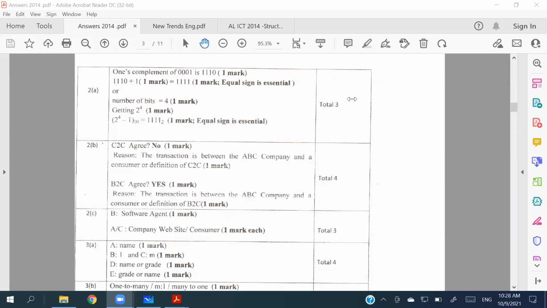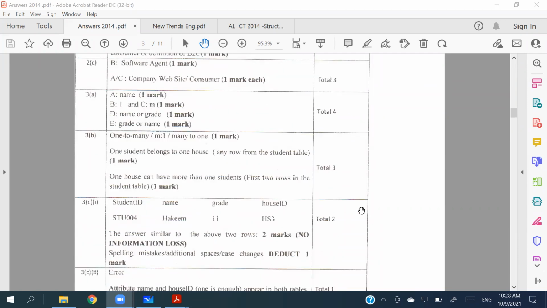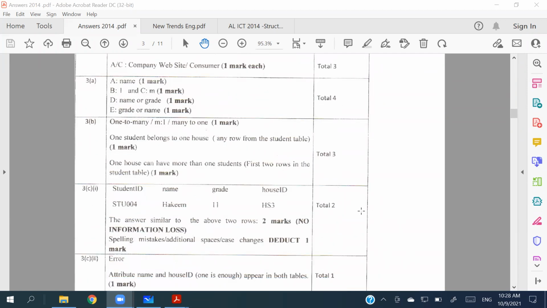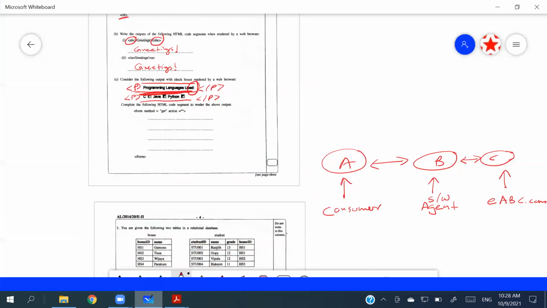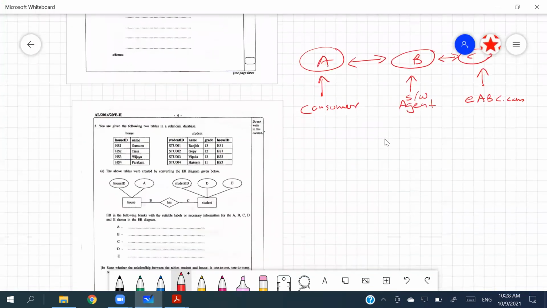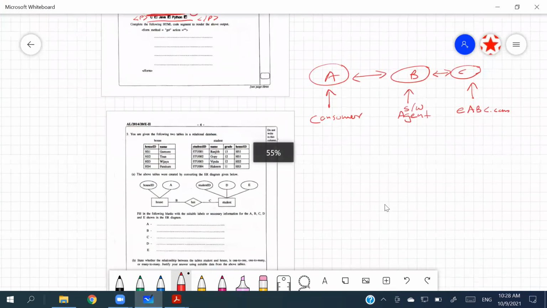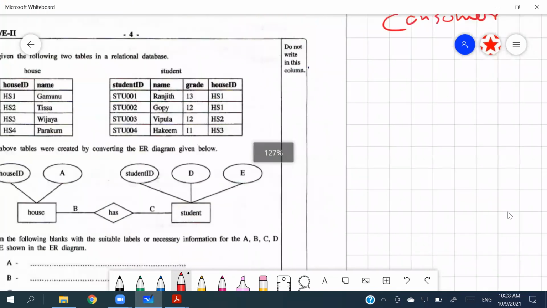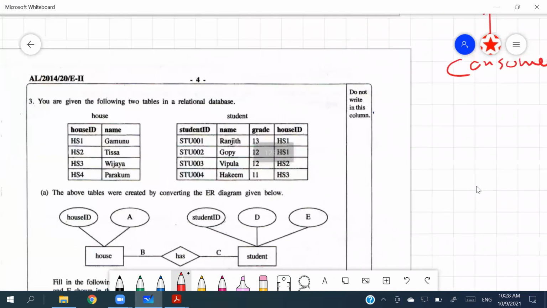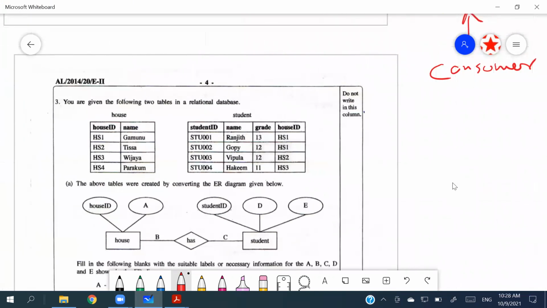Right? Okay, so I'm moving to the third question. In the third question, they are talking about an ER diagram. So it is easy, right? They provide you the tables and the ER diagram, and they are asking us to fill out the things. So for the house entity, you can say house ID, and A is going to become name.